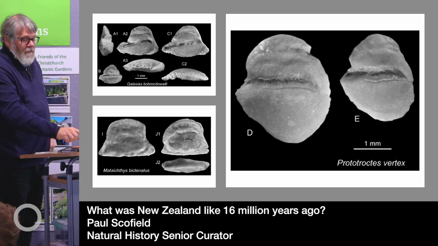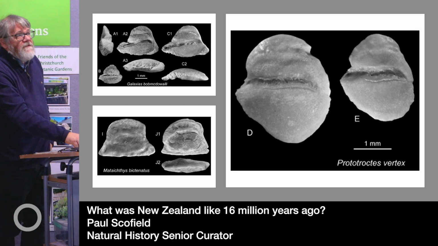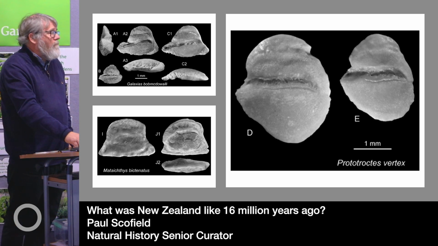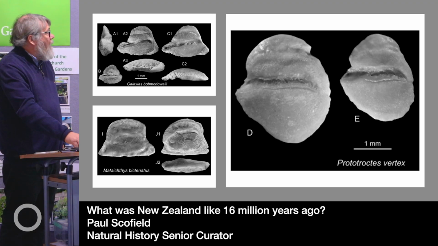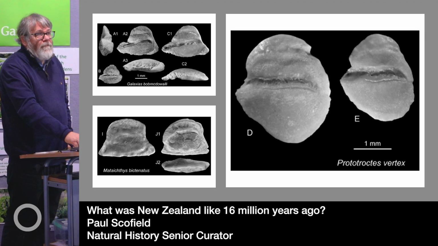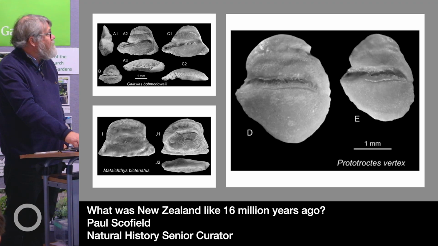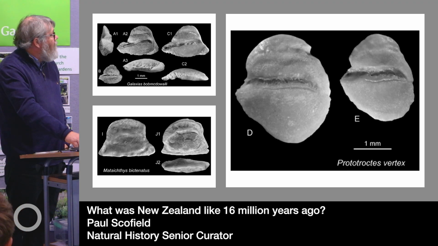The interesting thing about them is, unlike whitebait today, these fish were actually the size of trout. Although, of course, obviously their whitebait would have been the same size as whitebait today, they just grew to the size of trout.